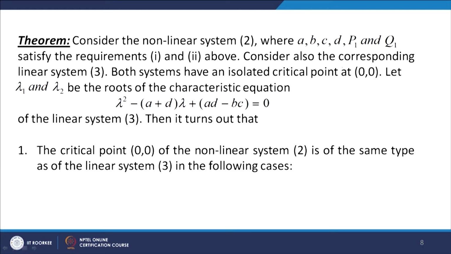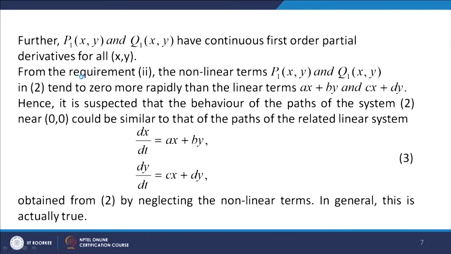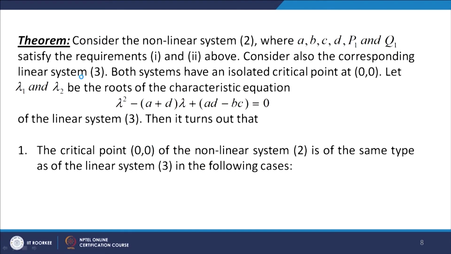Consider also the corresponding linear system 3. Then both the systems have an isolated critical point at (0,0). Let us consider the characteristic equation lambda square minus (a plus d) lambda plus ad minus bc equal to 0, and let lambda 1 and lambda 2 be its roots.